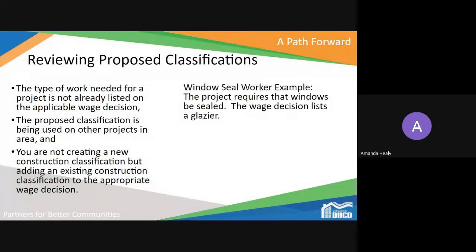So here's an example. A project requires that the windows be sealed, and the wage decision lists a glazier. So you're going to ask yourself, is this already listed? And the answer would be yes. Next. And that's because, next.